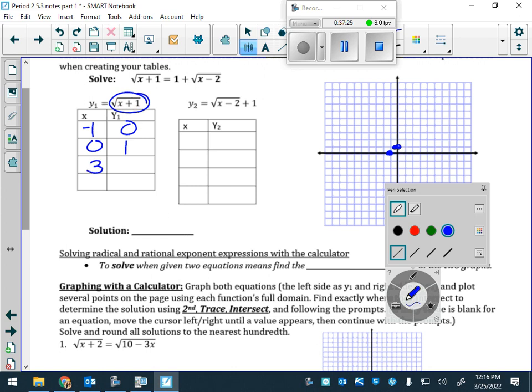Yep. 3, and then we got 2. So 3, 2. What would be one more to make that a perfect square? Yeah, right. 8, 3. Good. So this is our first graph.